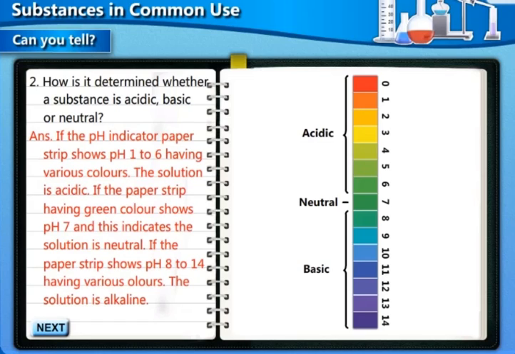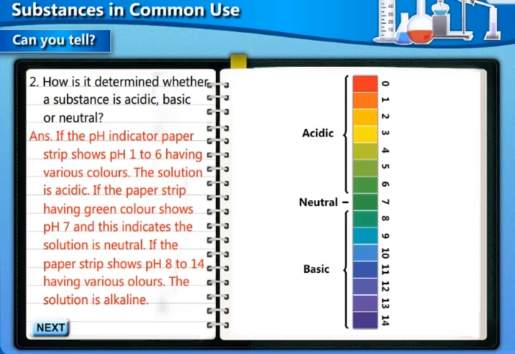If the pH indicator paper shows pH 1 to 6, or you can even say from 0 to 6, any substance showing a pH from 0 to 6 will be acidic in nature, whereas all substances showing a pH from 8 to 14 will be basic in nature, or they will be bases, whereas substances which have a pH of 7 will be neutral.